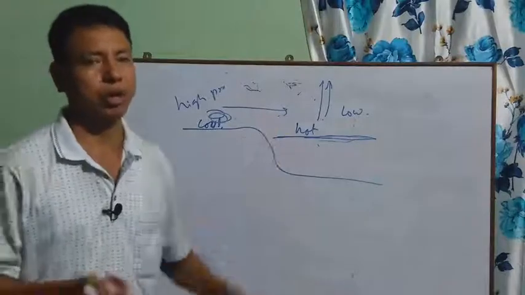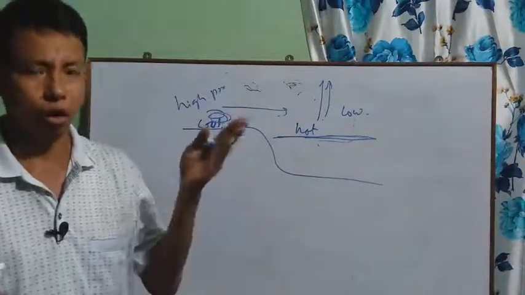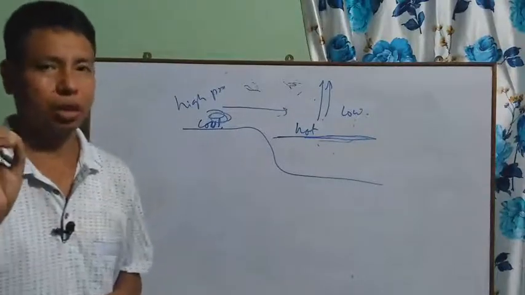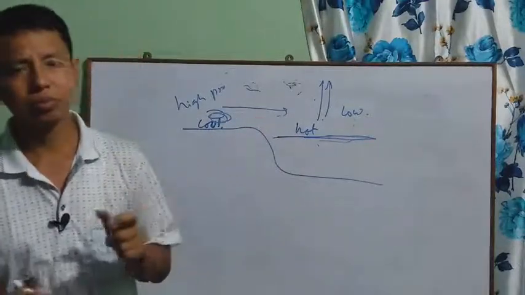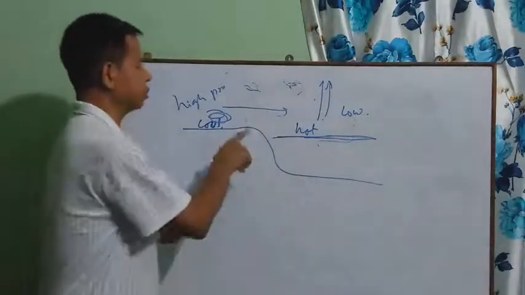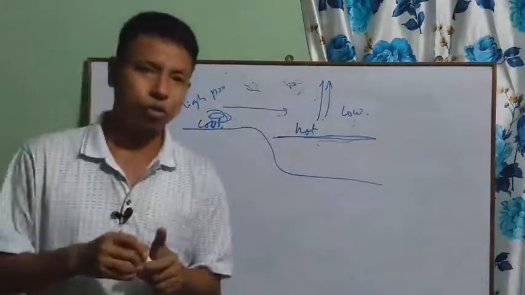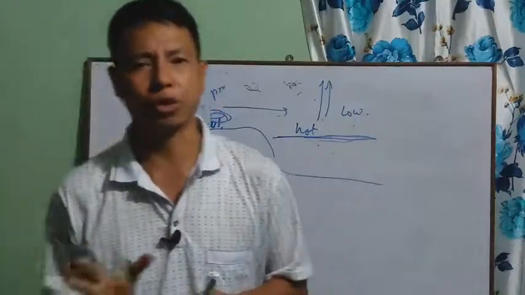So this is ultimately the movement of air particles from the cool area to the hot area. This movement of air particles is ultimately convection, and these things are happening in our nature. It is not only happening between land and sea, it happens within the land also, or within the sea also. Of course, there we don't call it land breeze or sea breeze.